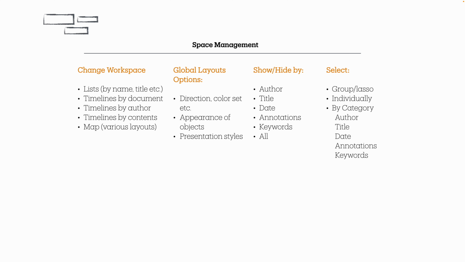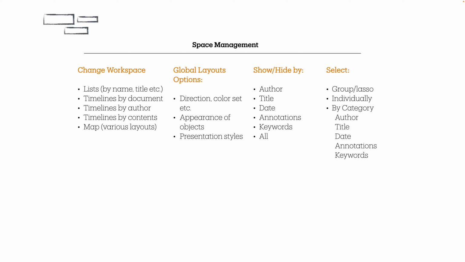For instance, if it's a timeline, the direction or colors you're using, the appearance of objects, presentation styles. You should also be able to hide and show things by different categories, by author, title, and so on. And you should be able to select things, which is difficult. Sometimes it can be lasso or just pinch one yourself manually, or by category similar to show and hide. That's one issue we need to decide.